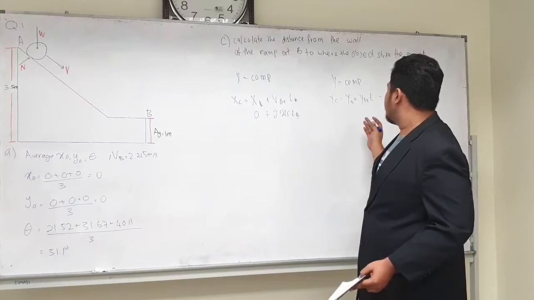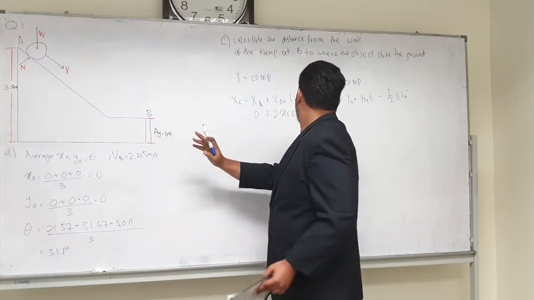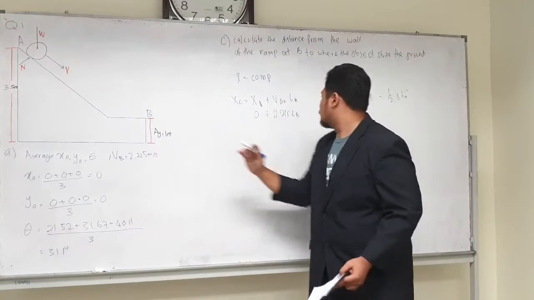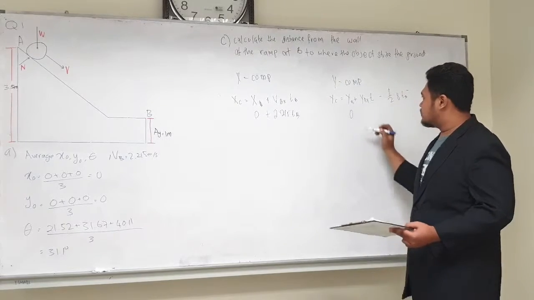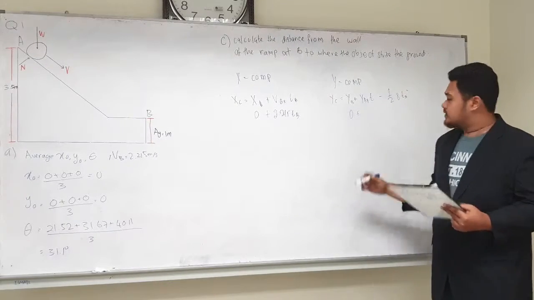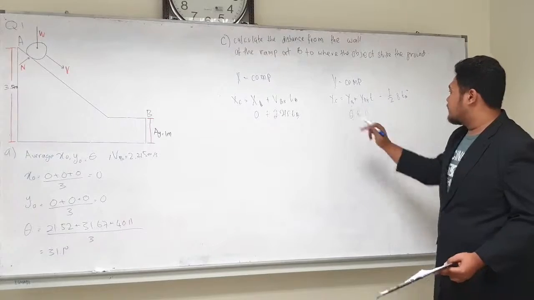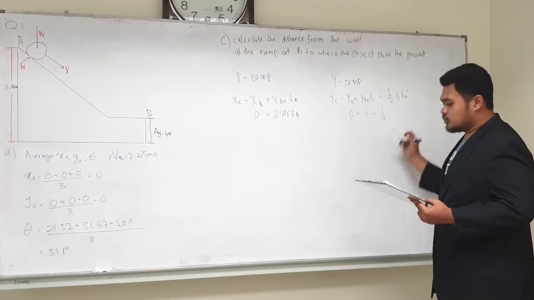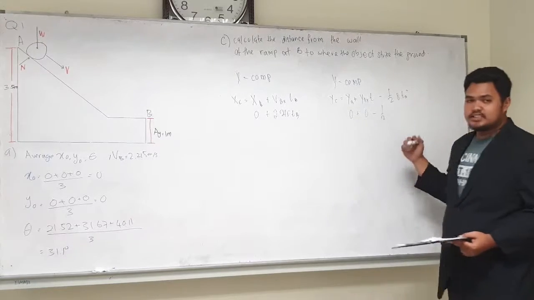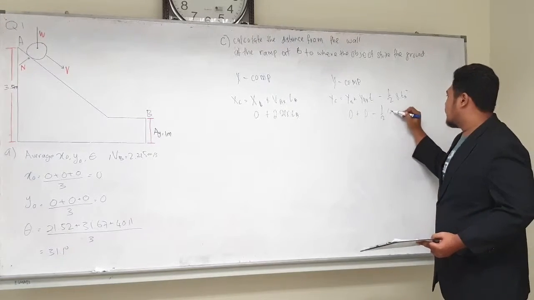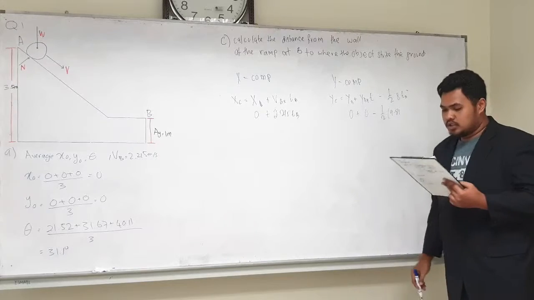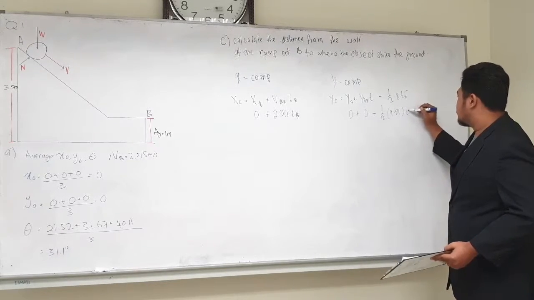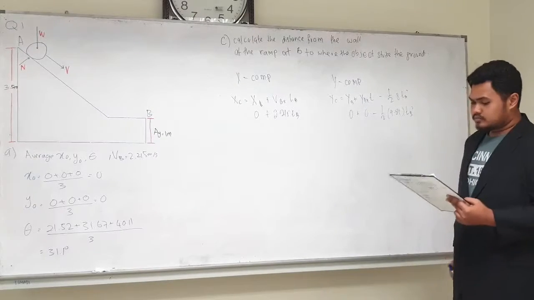The velocity in y at b is 0, and the distance traveled at b is also 0. So this term is 0, plus this one is also 0 because yb is equal to 0. Minus 1/2, g is gravity, so it will be 9.81 times tb squared.